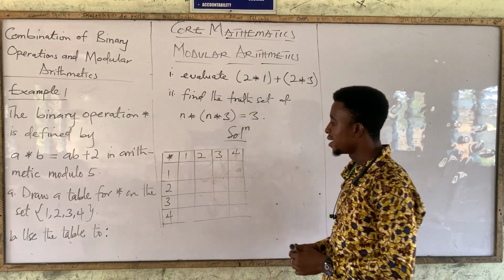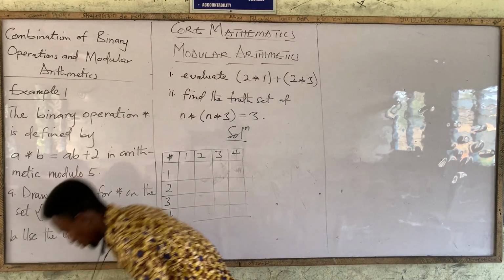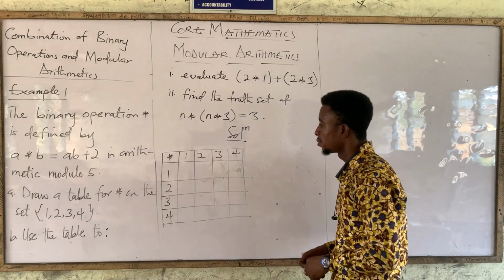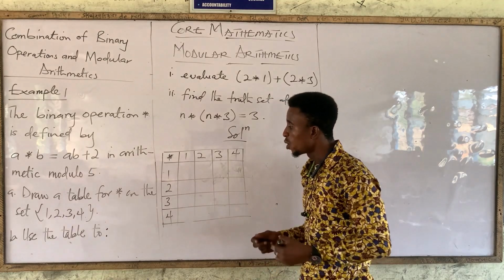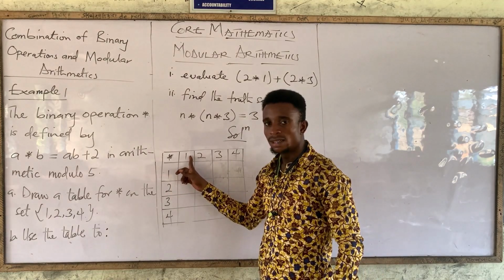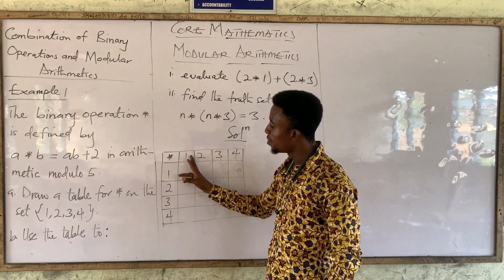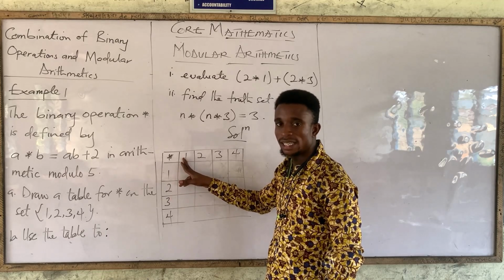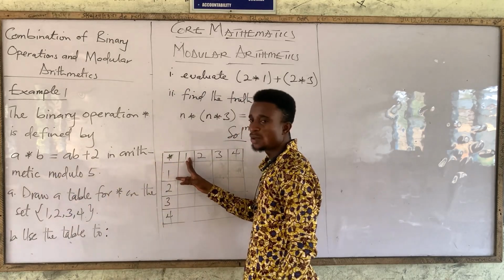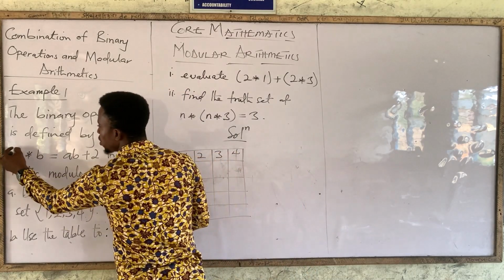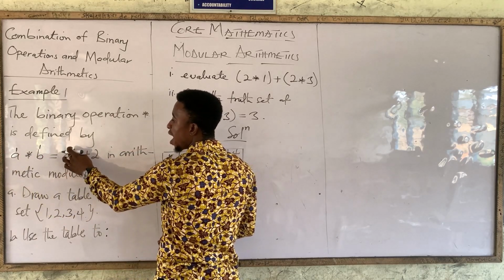Okay, so that is our table. How do we fill this? So we are going to say 1 star 1. Are we getting that? If I say 1 star 1, meaning this is A and this is B. So wherever I see A, I put 1, and wherever I see B, I put 1.